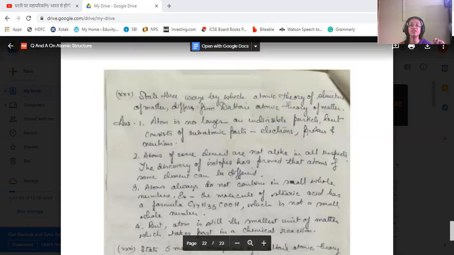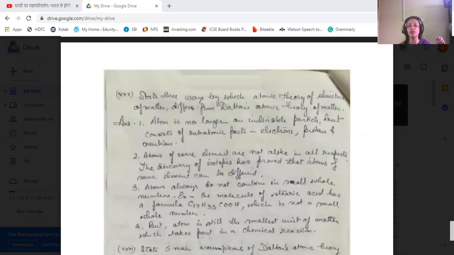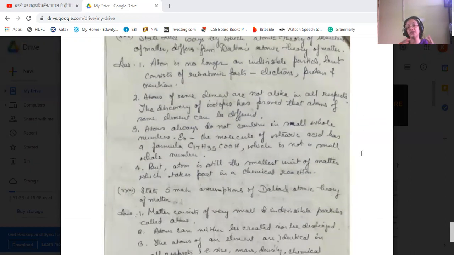Next: state 3 ways by which the modern atomic theory of the structure of matter differs from Dalton's atomic theory of matter. Dalton gave us an atomic theory which differs from the modern atomic theory. According to Dalton, the atom is no longer divisible.